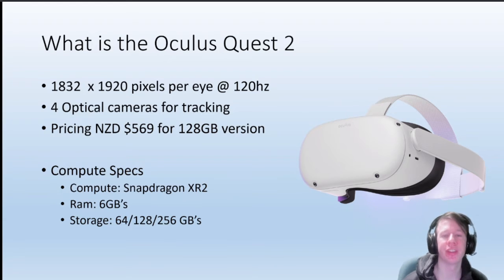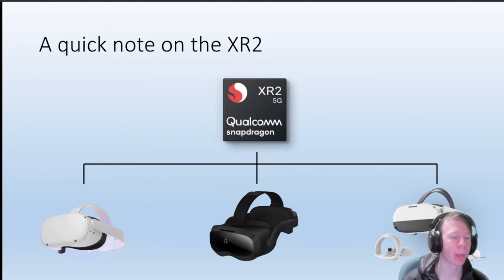It's higher than the HTC Vive and Vive Pro. It's got 6 gigabytes of shared memory between the GPU and the CPU, and it comes in 3 different storage configurations. But now the 64 gigabyte version has been removed, and there's just the 128, which they sell for the same price as what was the 64 gigabyte.